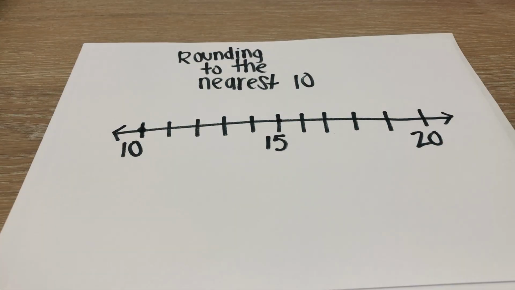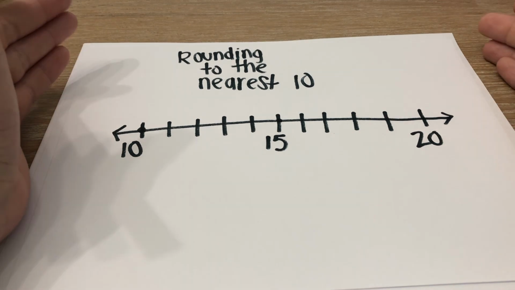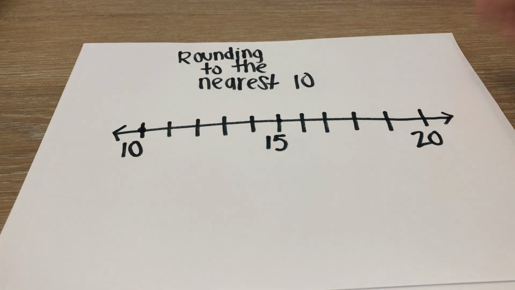Alaska had 18 shells. Between which two tens is 18? The number 18 is between 10 and 20. If the number was 28, that would be between 20 and 30.